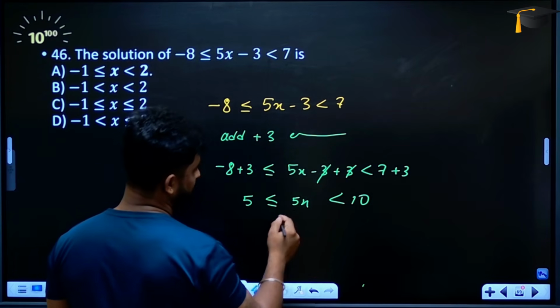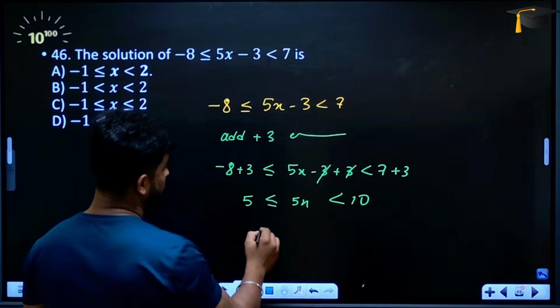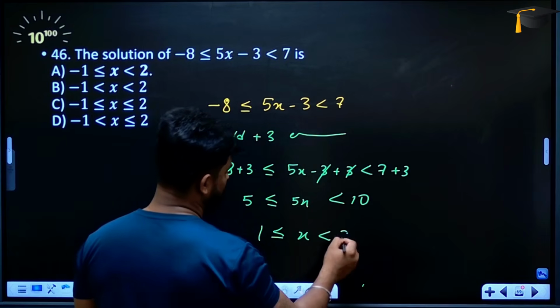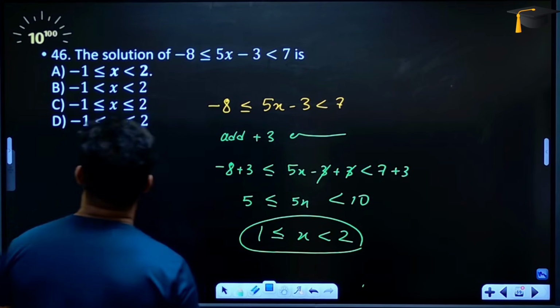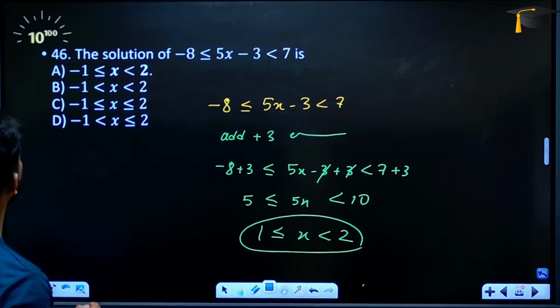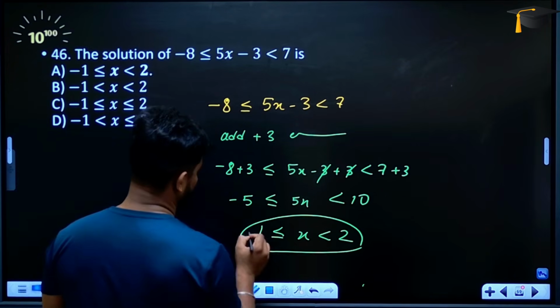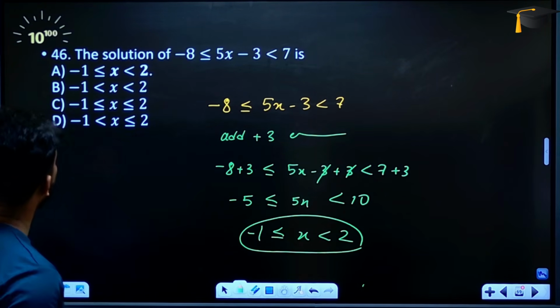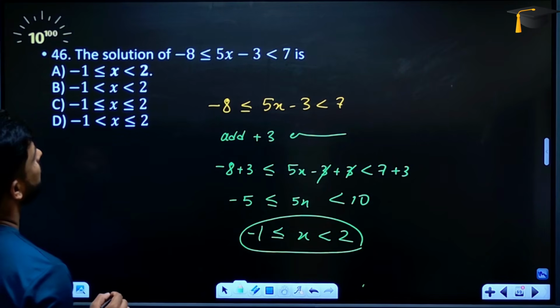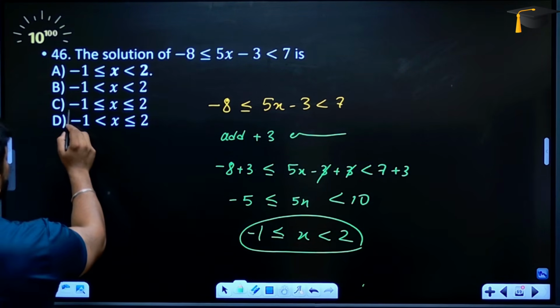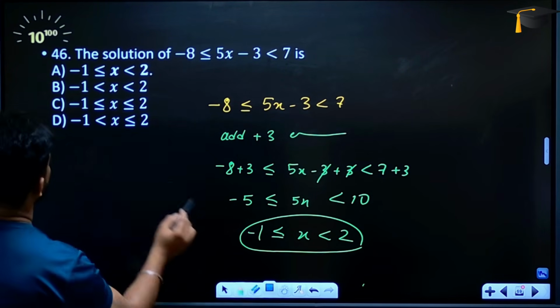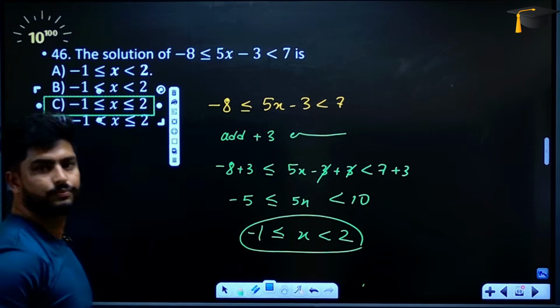So divide everything by 5. So it is minus 1 less than or equal to x less than 2. So x is in between minus 1 and 2. Correct? Yes, it's minus 1. So option C, right? Notice option C: minus 1 less than 2. Okay, next.